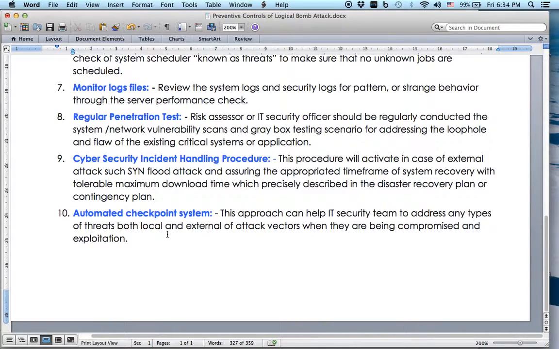So this approach can help the IT security team, or the IT independent review team like IT assurance or IT compliance, to address any type of threat, both local and external attack factors, when they are being compromised or exploited in the critical system.